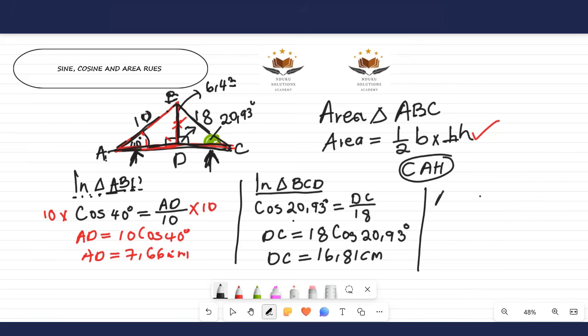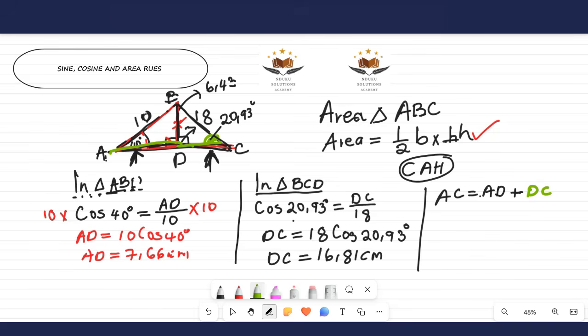And then our AC will simply be AD plus DC.